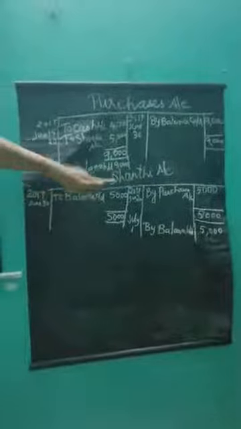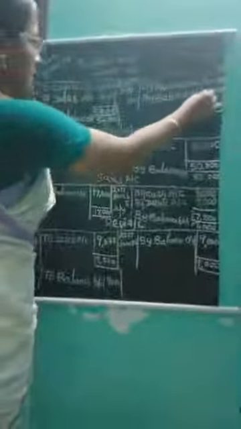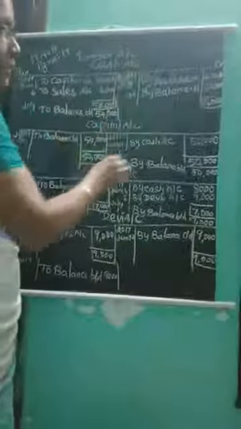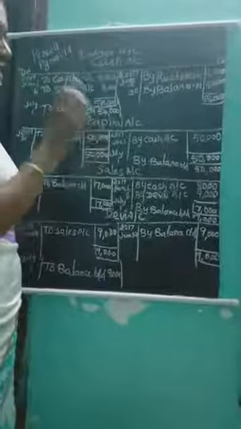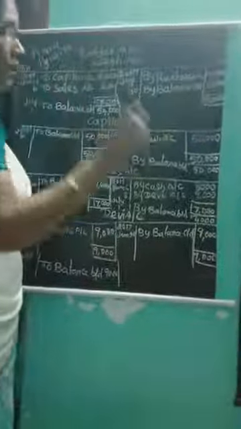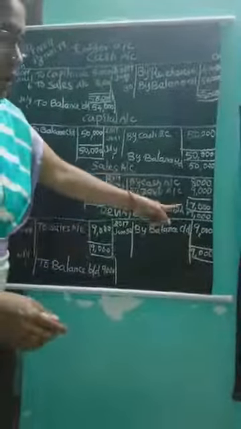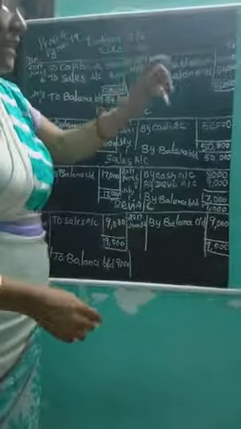What we have done? We have written the balanced amount. So this is how we have to do the journal ledger account. This is called balance amount, because in the next chapter we must know the difference between the balance amount and the total amount. So this is called the total amount. This is the balance amount. You must know the difference.